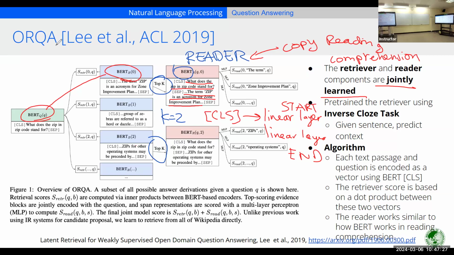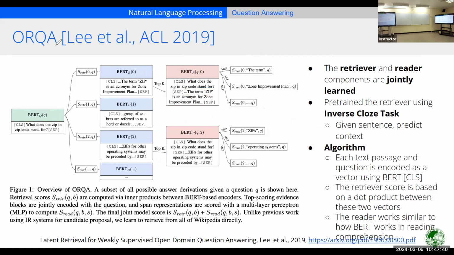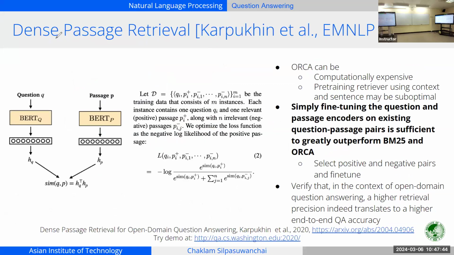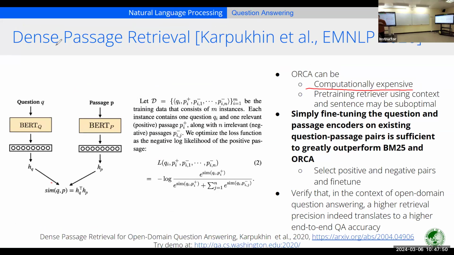So this is a very influential framework from 2019, right? But if you look carefully, there's one big problem. If there were no problem, then this should be the end. The biggest problem is that it is computationally expensive, because you need to train everything again.